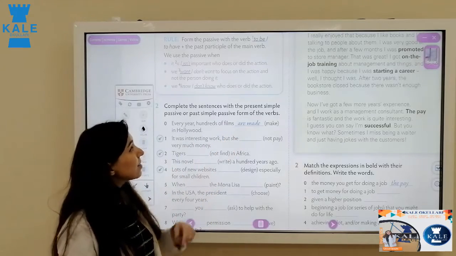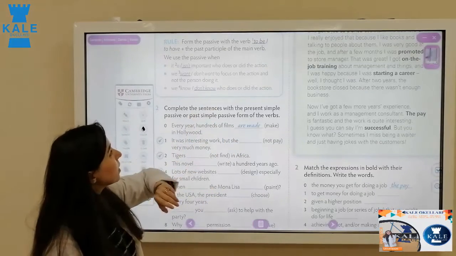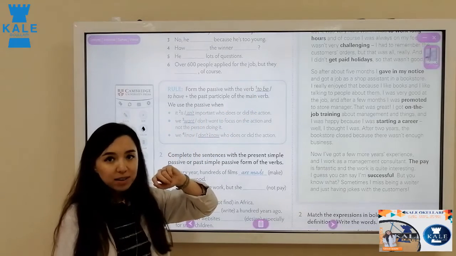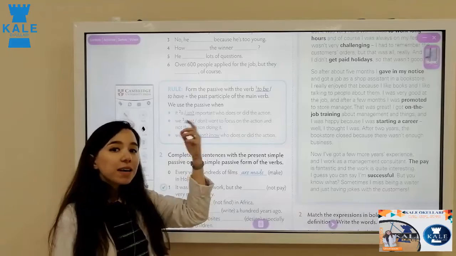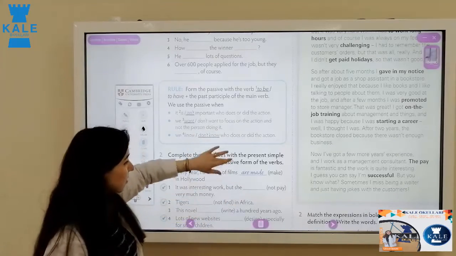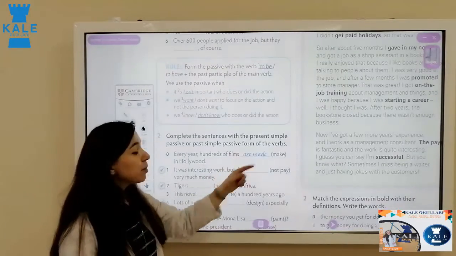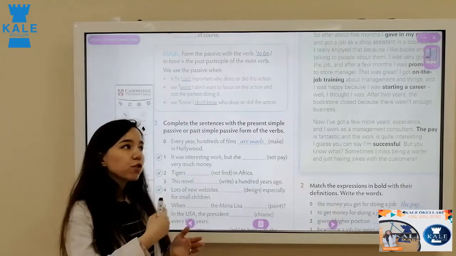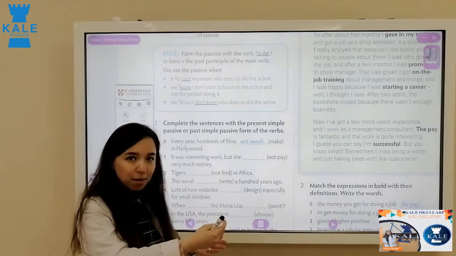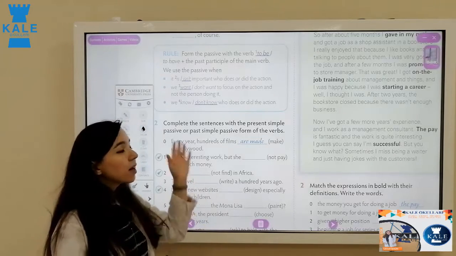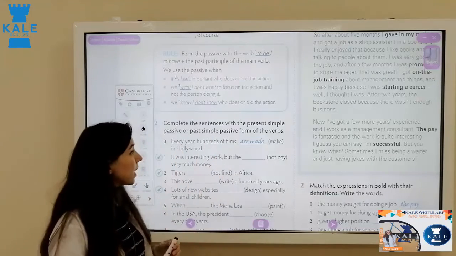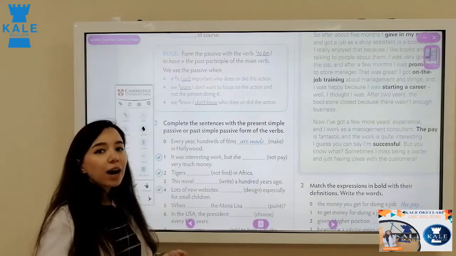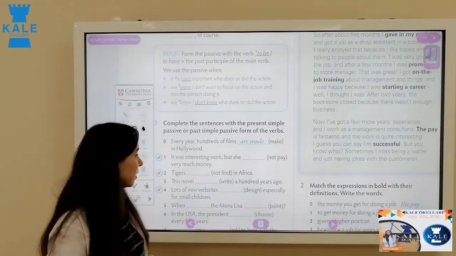Because for making it passive, as I told you, we need to be verb plus past participle. It means because our sentence is present simple, we change it with am, is, are. But if it's past, the verb is made, for example. In the passive form we write was plus made. But here because we have are made, it shows that our active sentence is present simple.